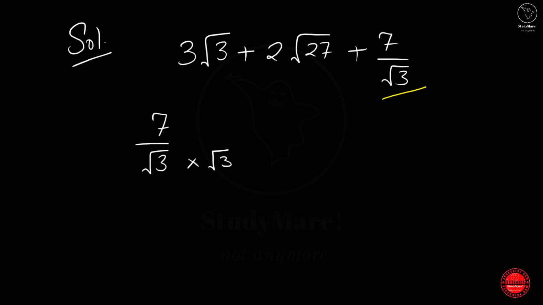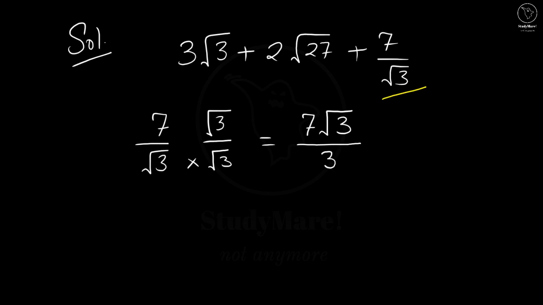So we multiply root 3 in the denominator as well as in the numerator, which gives us 7 into root 3 divided by root 3 into root 3, which is 3. So instead of 7 by root 3, now we can write 7 root 3 by 3 in the given expression.